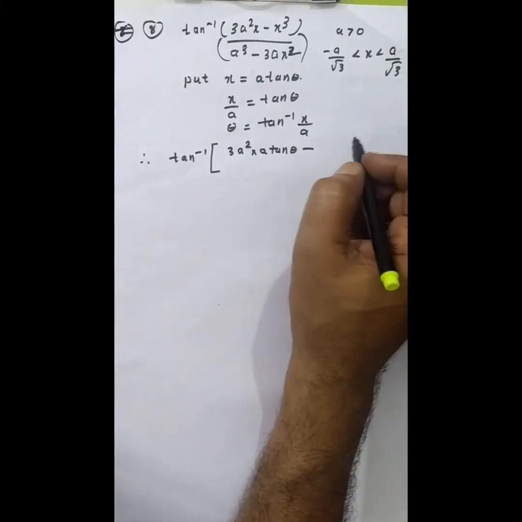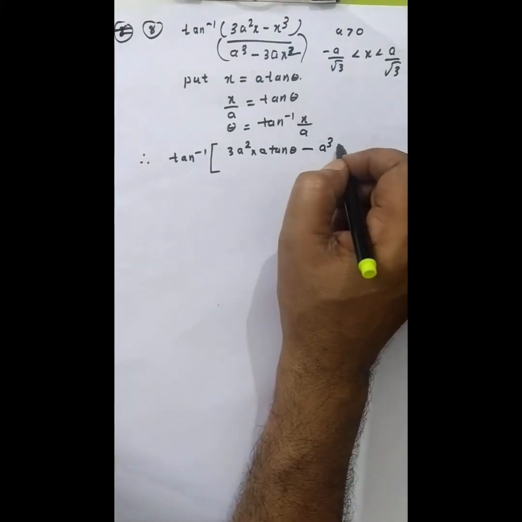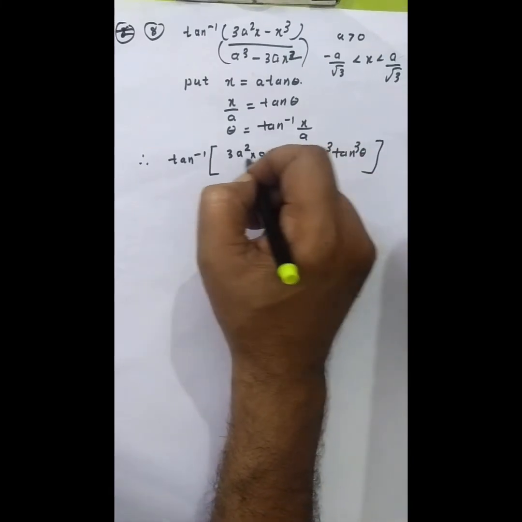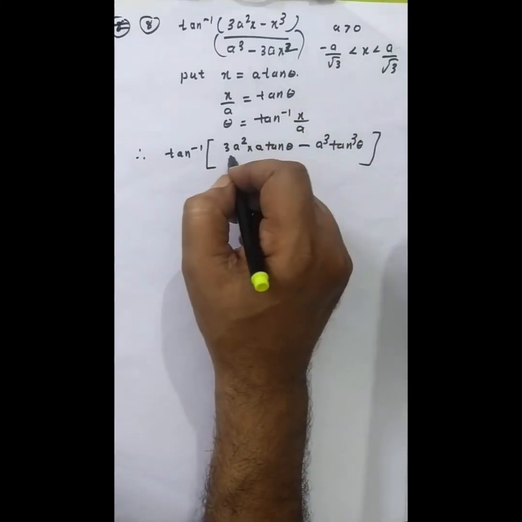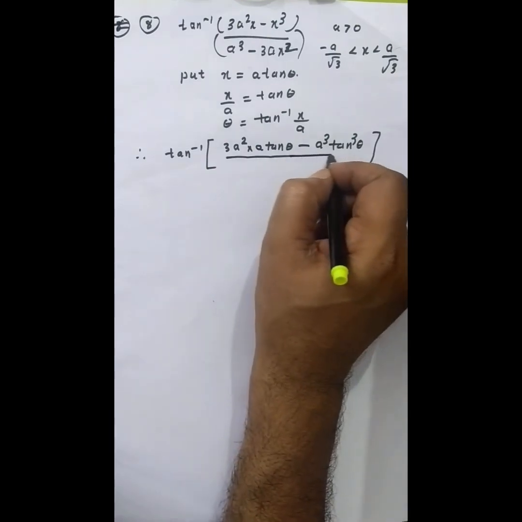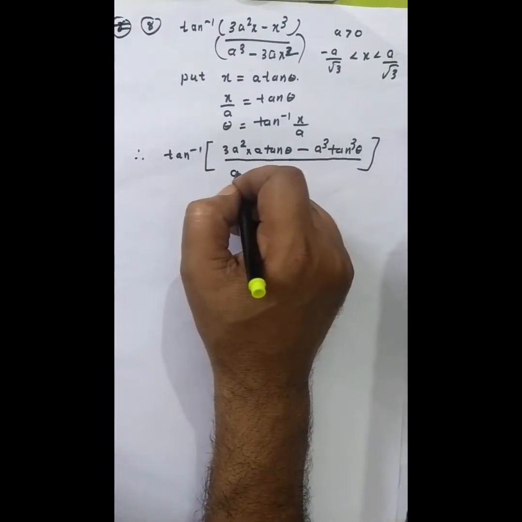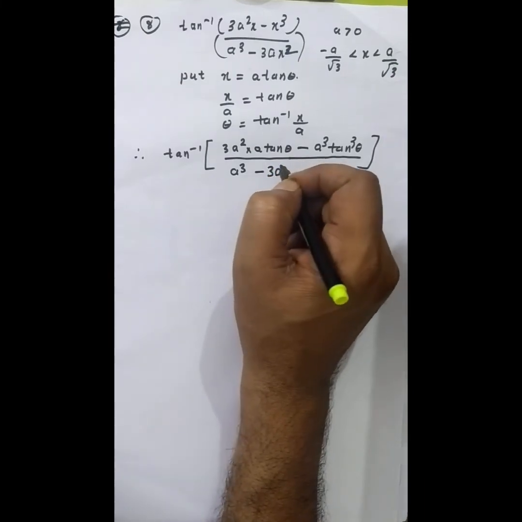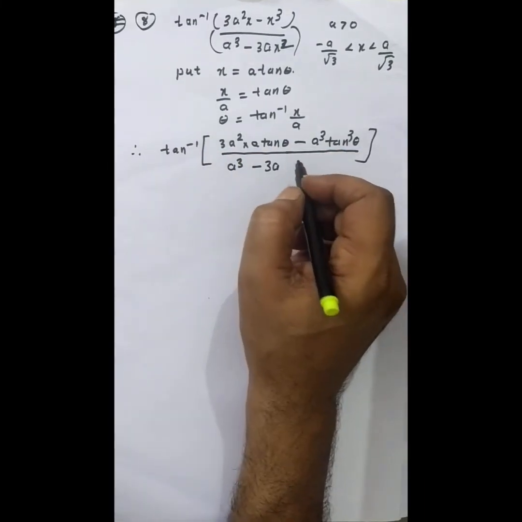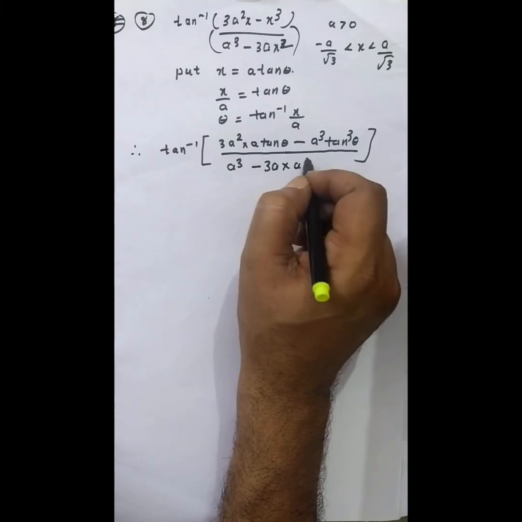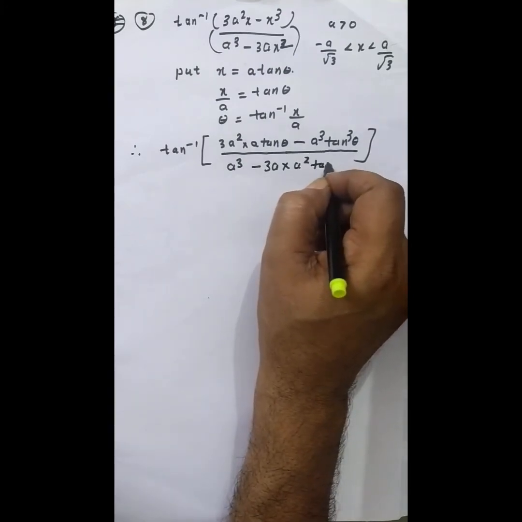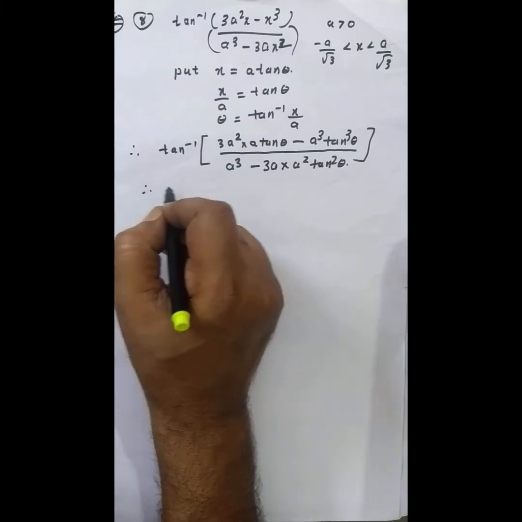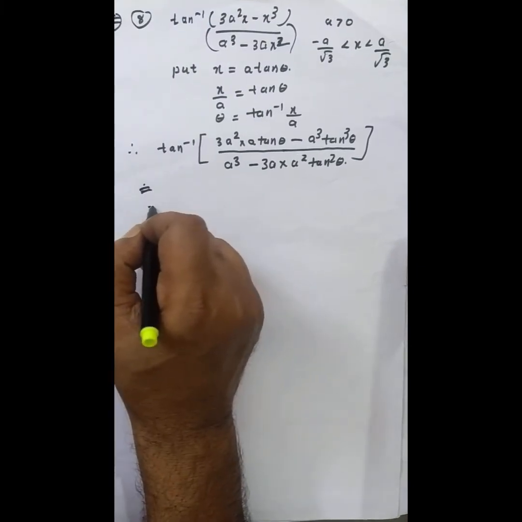X cube will be a cube tan cube theta, divided by a cube as it is minus 3a as it is. Now what is x square? X is a tan theta, x square is a square tan square theta.